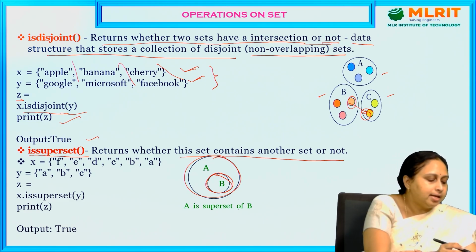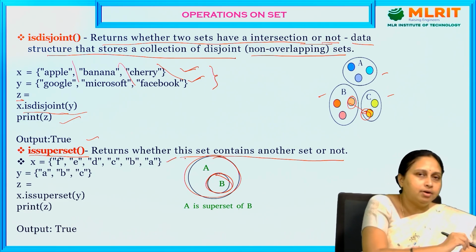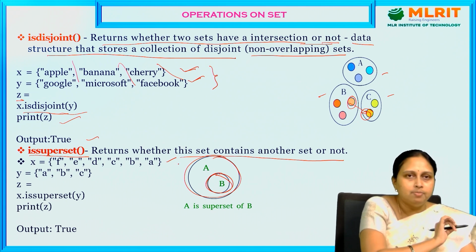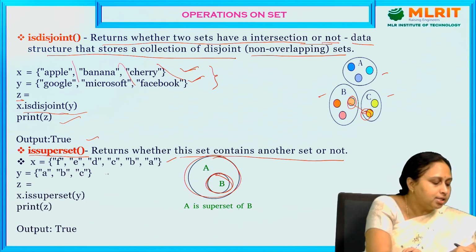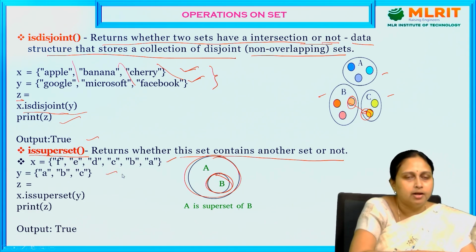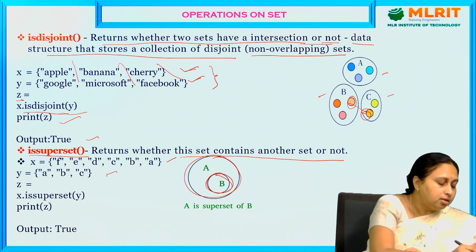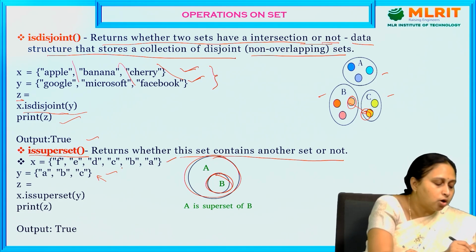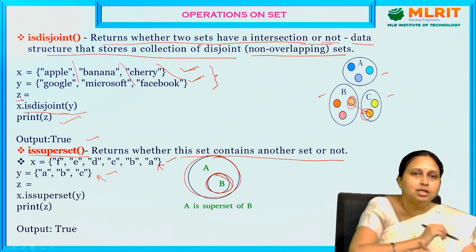Let us see the example. x equal to F, E, D, C, B, A. These are the elements present in set x, and y is having A, B, C. Now we are going to check x.issuperset(y). We are going to verify whether y's elements are present in x or not.